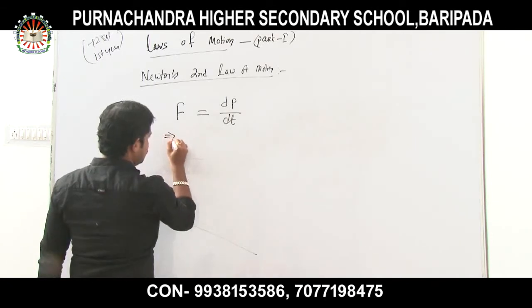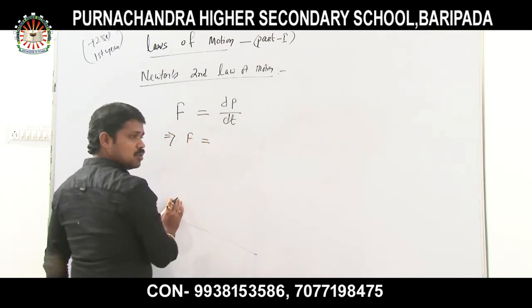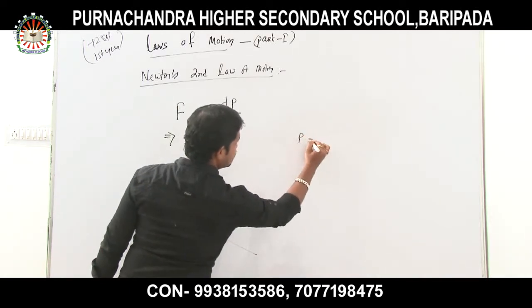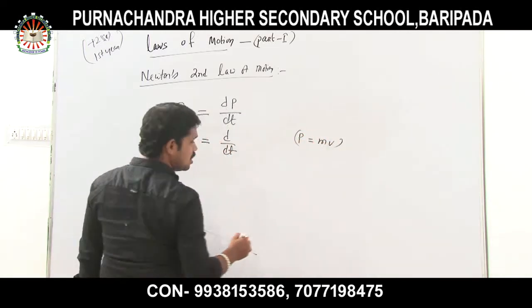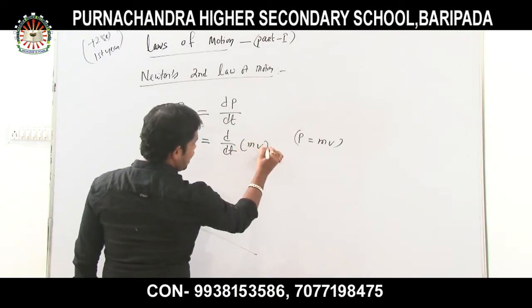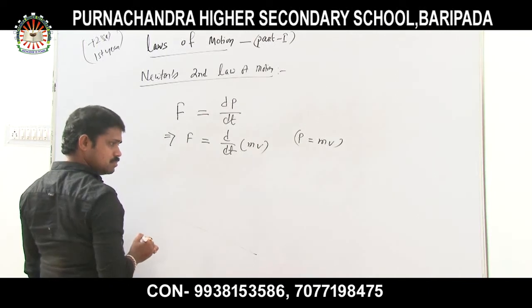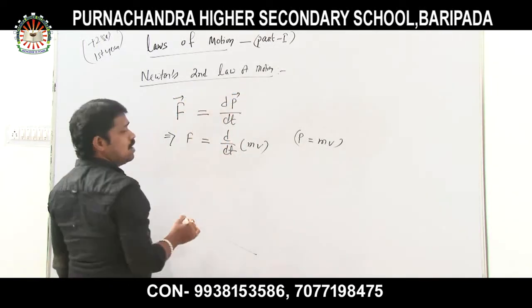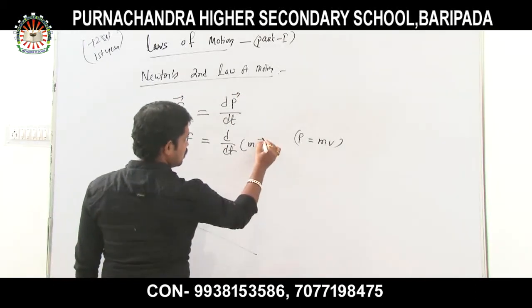Clear? So F = d/dt of linear momentum. All of you know linear momentum, I have just discussed it: linear momentum is mass into velocity. So let us put mass into velocity here. Clear, all of you? If you want to put the vectors, you can put them.